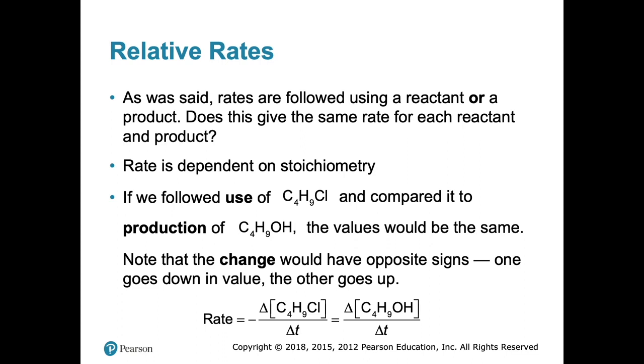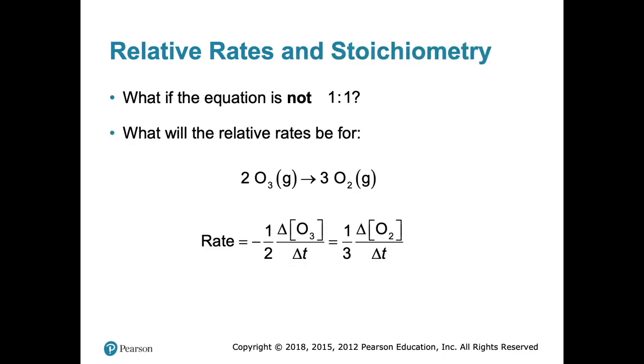All right. So I'm going to go on a little bit here. I was just saying how the rate is dependent on stoichiometry, right? And what did I mean by that? Well, what if you don't have a one-to-one ratio? In our previous example, we were doing the chlorobutane with water, and our results were butanol and hydrochloric acid.